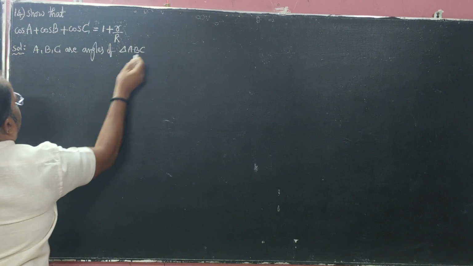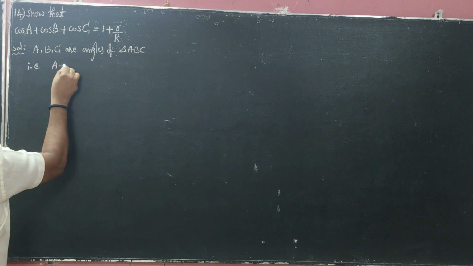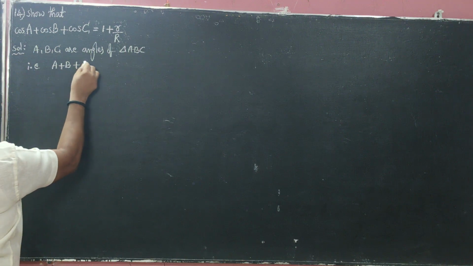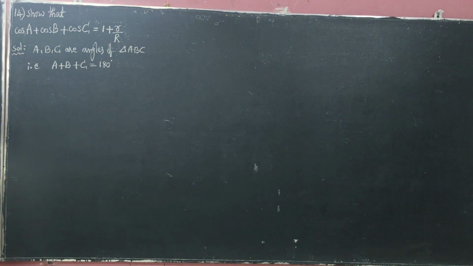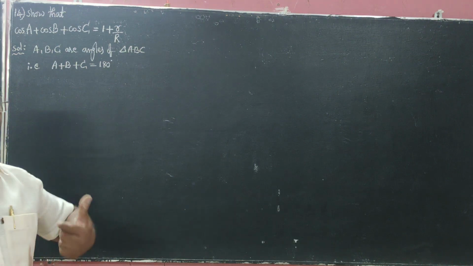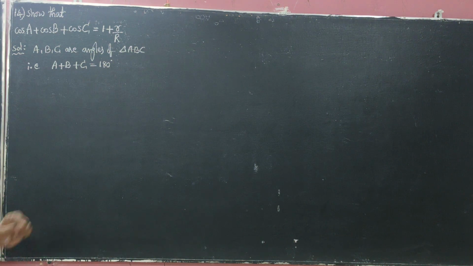That means the sum of interior angles, A plus B plus C, equals how many degrees? 180 degrees. Similar problems are already completed. So the sum of the three interior angles equals 180 degrees.